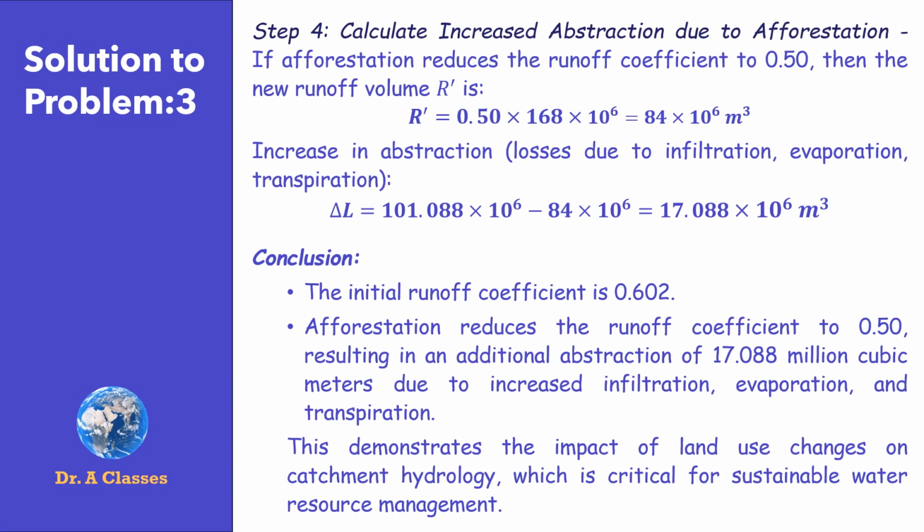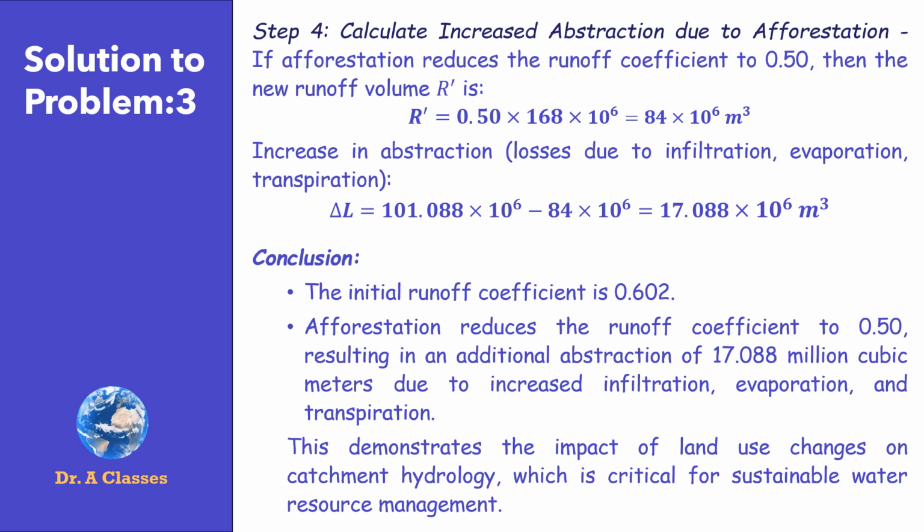Step 4. Calculate increased abstraction due to afforestation. If afforestation reduces the runoff coefficient to 0.50, then the new runoff volume, that is R dash, is 0.50 into 168 into 10 to the power 6, that is equal to 84 into 10 to the power 6 meter cube.